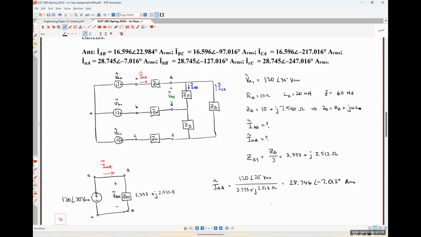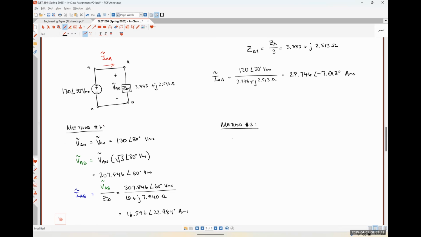And I have a current of I_AB flowing out. So I could write the following KCL relationship. So this is KCL at capital A. So I_aA was flowing in. Let me continue using the colors and all that.